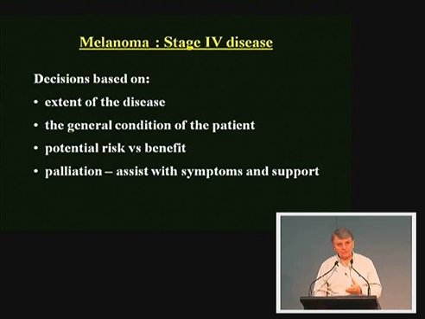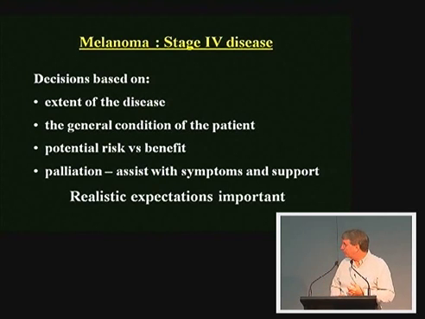It's very important for us to know when we shouldn't be doing something that will not help but will hurt, and therefore the time when the patient needs symptomatic care and supportive care. That's a very important component of dealing with some patients who present with the disease when it's spread to organs. And it's very important that the patient is informed and aware and has realistic expectations along their journey.